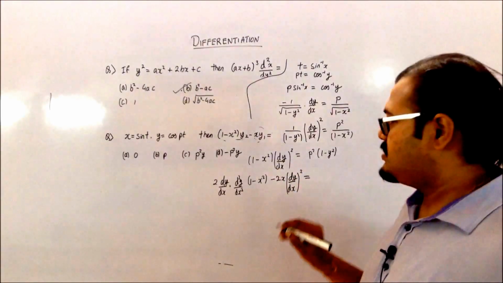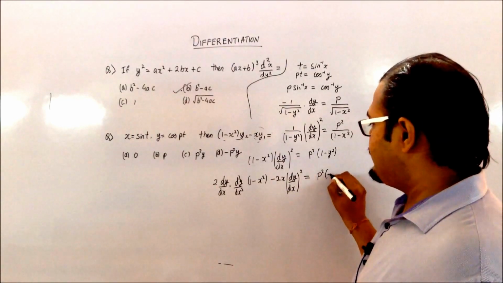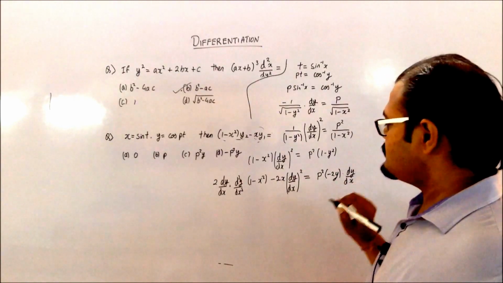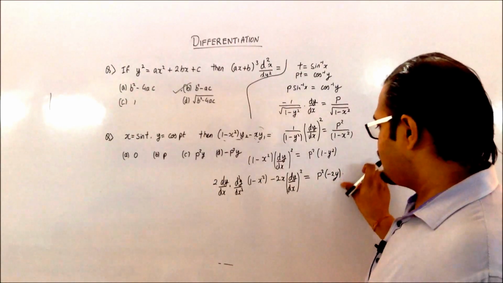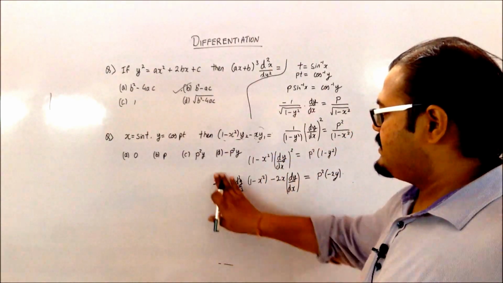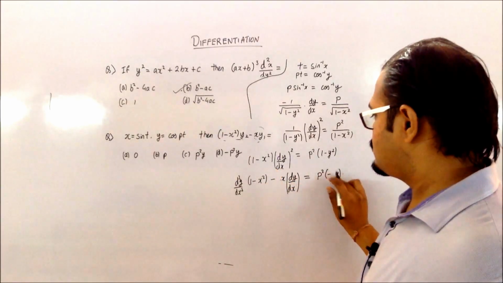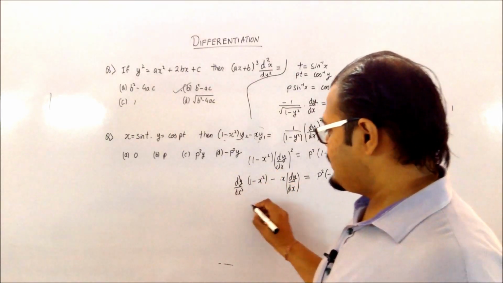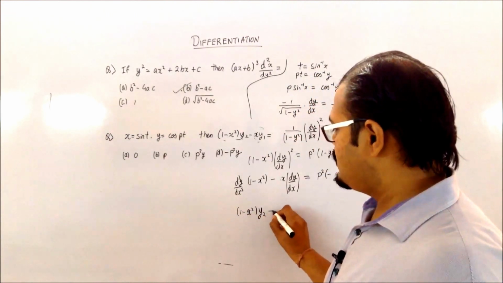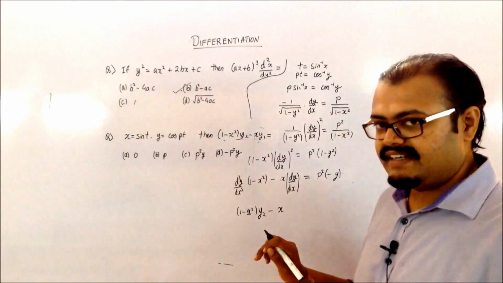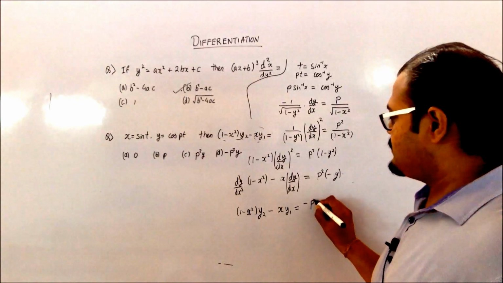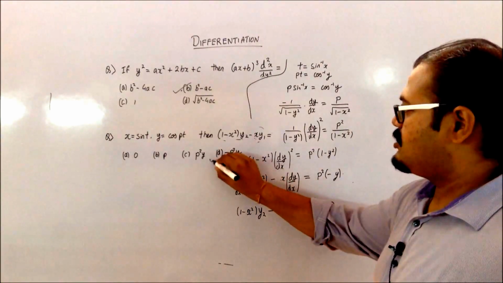This will be equal to p square into minus 2y into dy by dx. So dy by dx can be eliminated throughout, and I can divide by 2 also. So what I will be getting is 1 minus x square into the double derivative y2, minus x into the single derivative y1, equal to minus p square y, which is your option D.